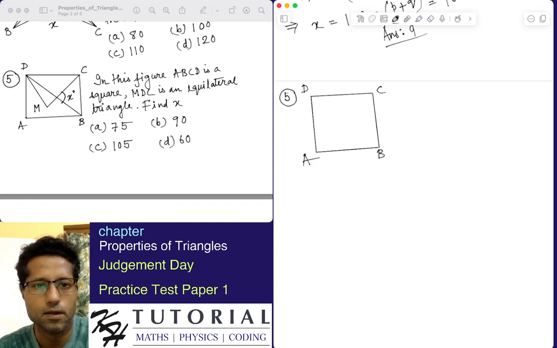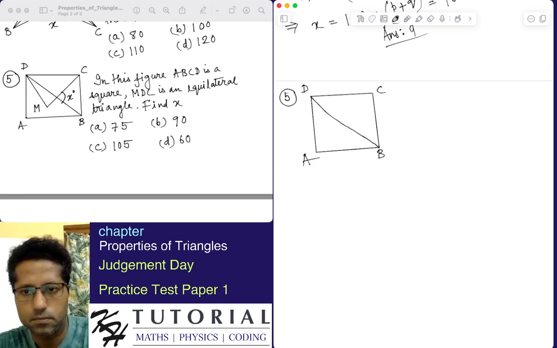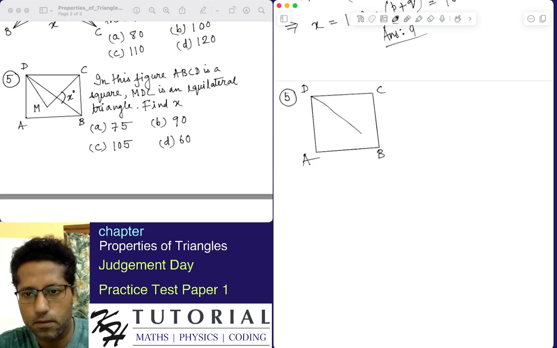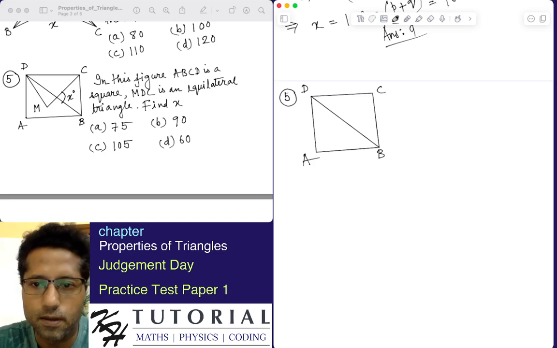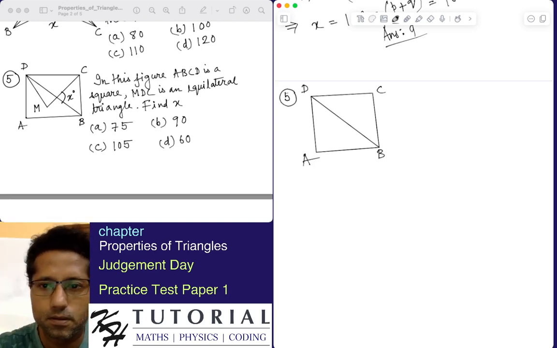MDC is an equilateral triangle. The diagonal DB is joined. So M is a point inside the triangle ADB.